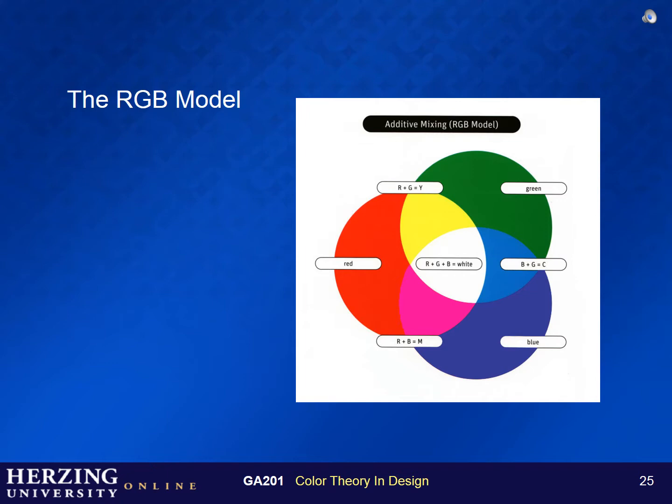Blue and green light produces cyan. When red, green, and blue light are added together, they produce white light, hence the term additive. Mixtures of these primary colors make up a large part of the human color experience. Televisions, computer monitors, and scanners all operate on RGB color mixtures.